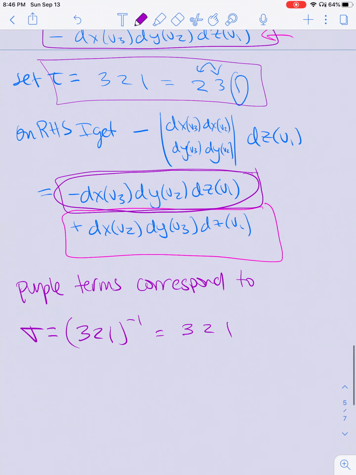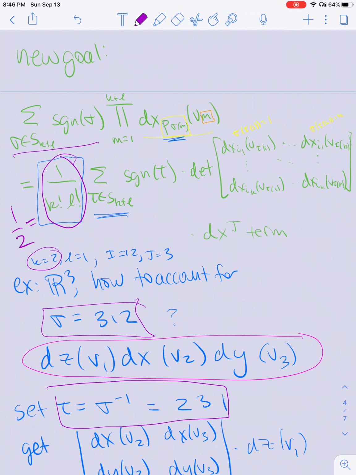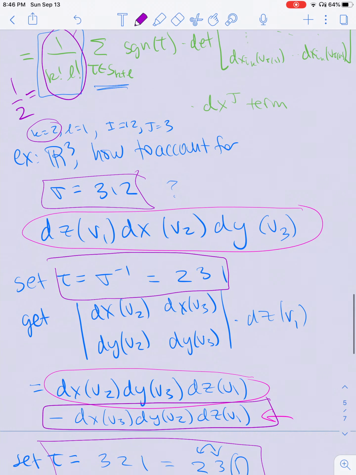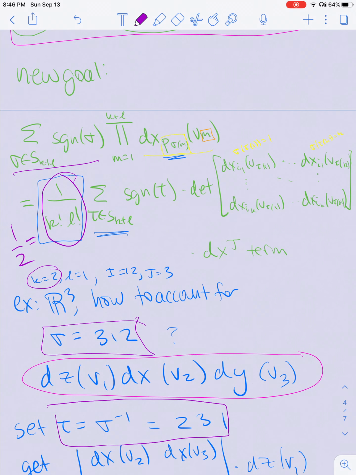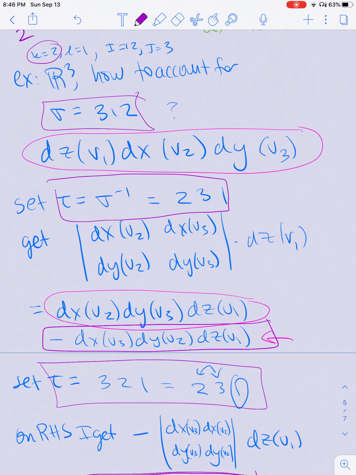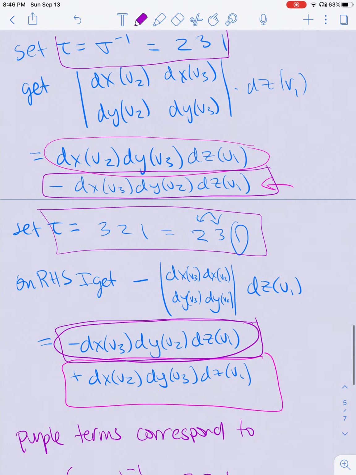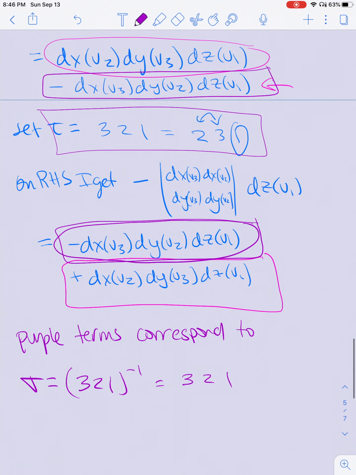So when I actually do the sum over all sigma on the left-hand side, I'll have a 3, 1, 2, and that'll be accounted for. So the sum of sigma equaling 3, 1, 2 and 3, 2, 1 is accounted for by the sum of tau equaling sigma inverse, so 3, 1, 2 inverse, and then 3, 2, 1 inverse.